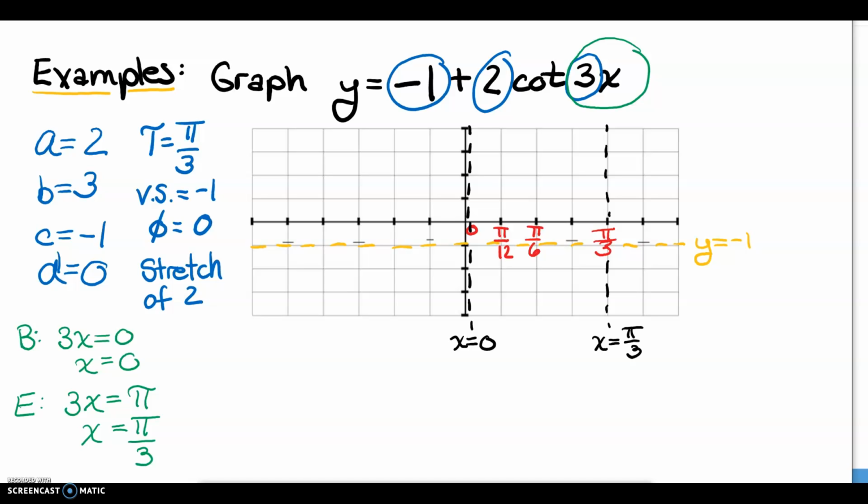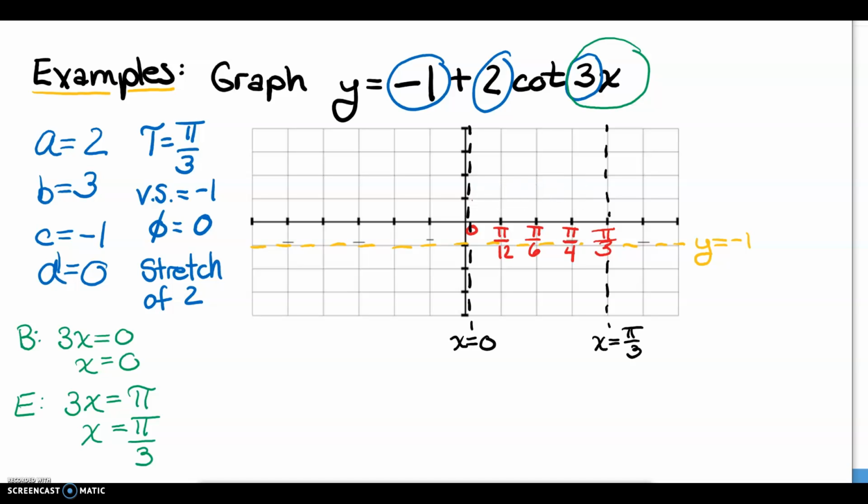So each of these distances is a distance of pi over 12. So this is 1 pi over 12, 2 pi over 12. This is going to be 3 pi over 12. And what's 3 pi over 12? I shouldn't have written 3 pi over 12. I should be writing pi over 4, because that's the simplified fraction form.